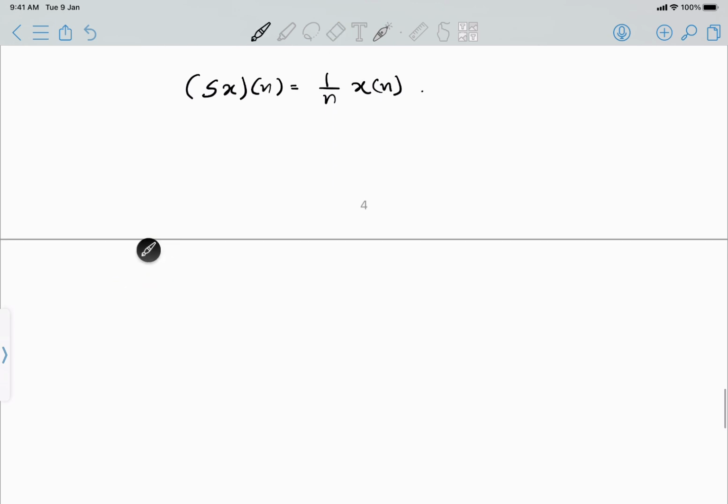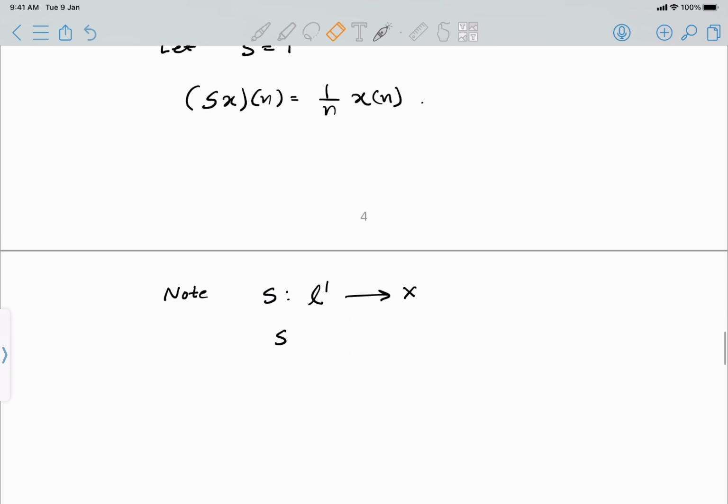Note S is a map from L1 to X. Sx at n is 1 by n xn.